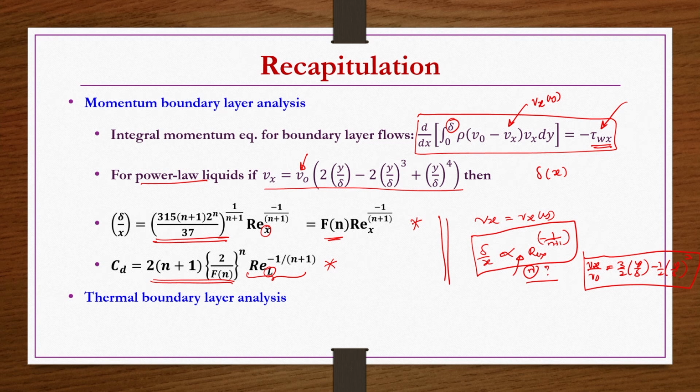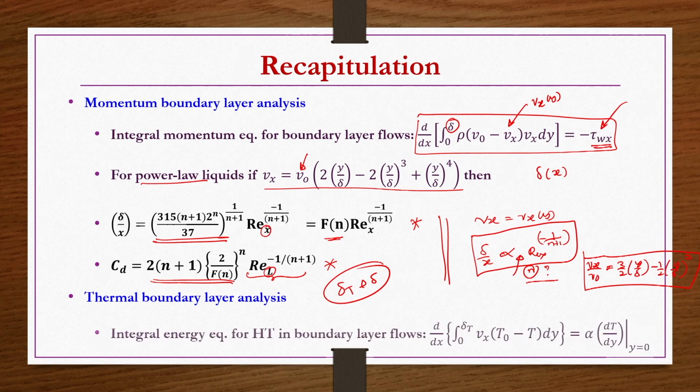Both the thermal and momentum boundary layers would be developing simultaneously, but we took the case where they develop independently of each other, because we assume the physical properties are independent of the temperature gradient. Under such conditions, for the integral energy equation for heat transfer in boundary layer flows, we got this expression.